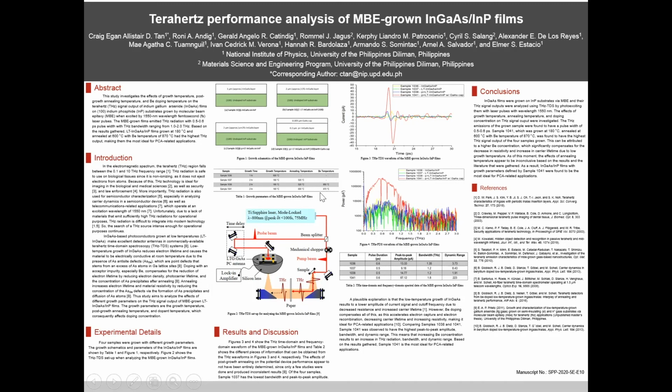Based on the results gathered, the InGaAs film that was found to have the highest terahertz output was the one grown at 180 degrees Celsius, annealed at 600 degrees Celsius with beryllium temperature of 870 degrees Celsius, making it the most ideal for photoconductive antenna-related applications. And that is all.